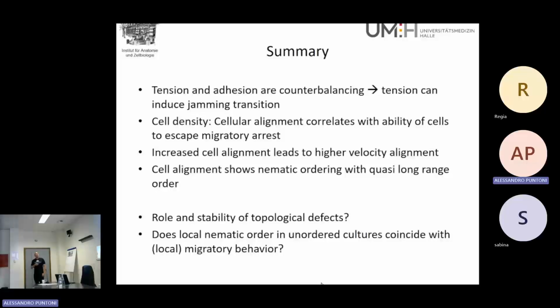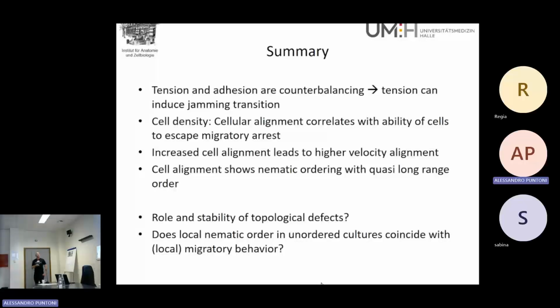We also looked at the role of cell density as a potential inducer of migratory rest, and here we can demonstrate that, in a system-dependent way, cell density can be associated with the slowdown of cells, but there appear to be ways to escape this migratory rest with the help of cellular alignment of velocity and orientation. So these cells can spontaneously form self-organized structures with quasi-long-range order.